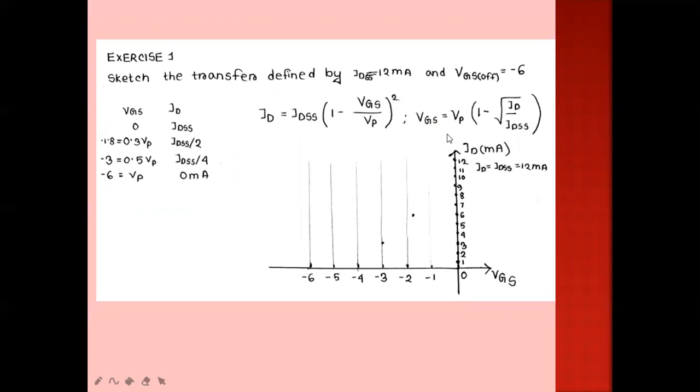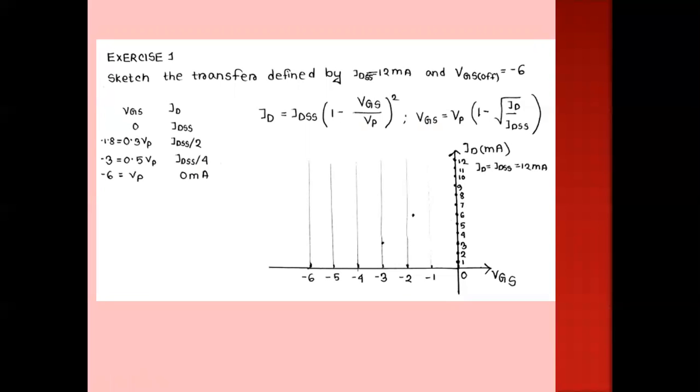For VGS equals minus 2 volt, the ID will be about 5.33 milliampere. For VGS equals minus 3 volt, the ID will be about 3 milliampere. For VGS equals minus 4 volt, the ID will be about 1.33 milliampere.